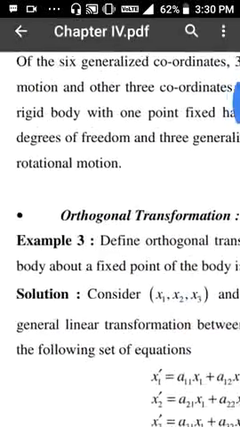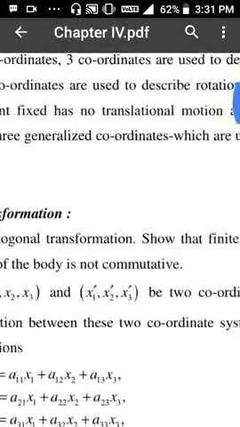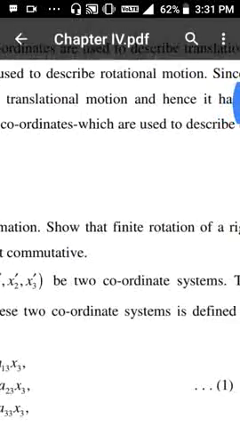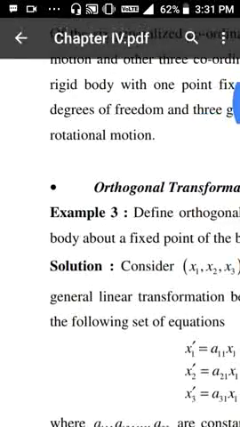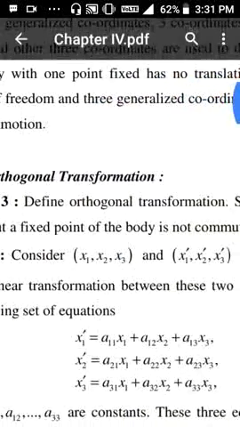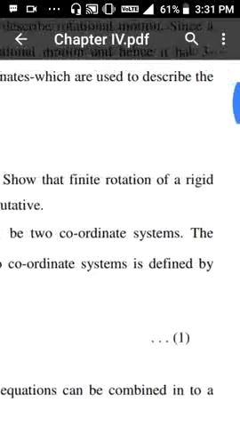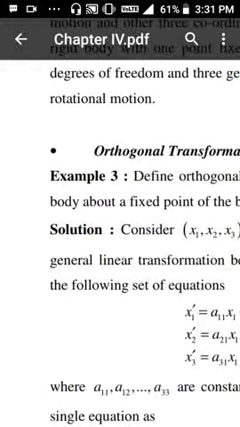Since a rigid body with one point fixed has no translational motion, it has 3 degrees of freedom and 3 generalized coordinates which are used to describe the rotational motion.